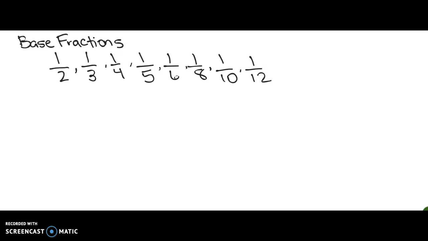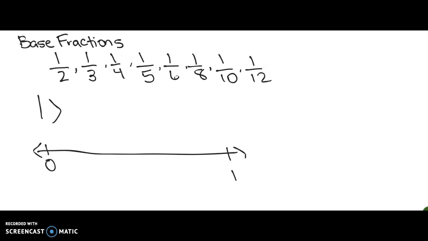So let's go ahead and talk about fractions on a number line. When we think of fractions, we think about if they are less than or greater than 1. So if they are less than 1, we know that our number line will start at 0 and end at 1 whole.